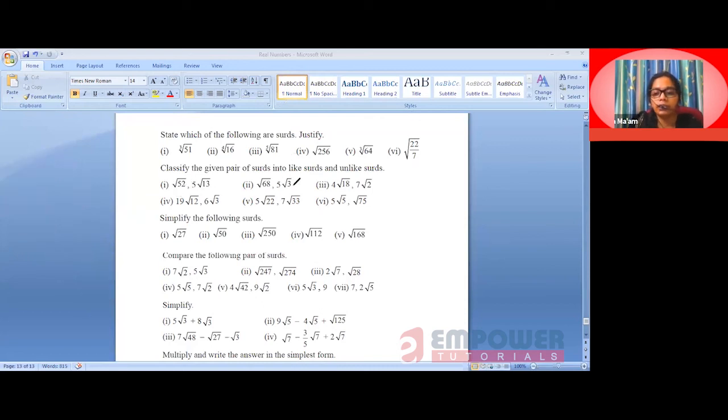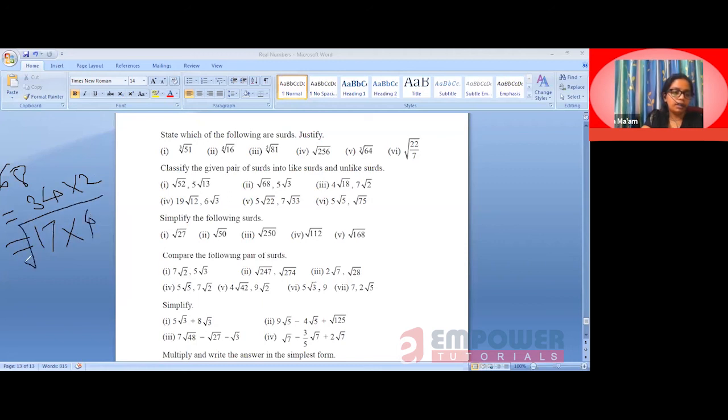Tell me the next one. Who wants to tell me the next one? Is it like surd or unlike surd? Like. Yes, Siddhant. So tell me the factors of 68 first. What will be the factors of 68? So this will be 34 into 2. So 17 fours are 68, sorry.